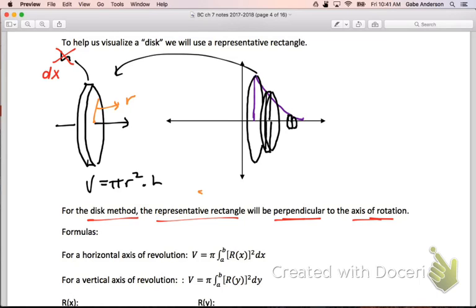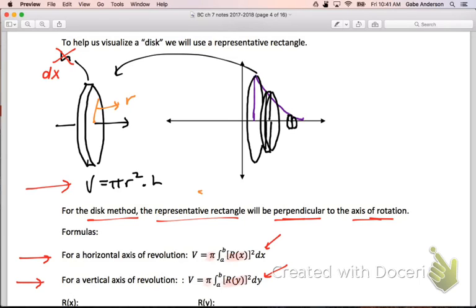Okay, so based on the formula we looked at up here for the volume of a disk, let's look at the formula using the disk method. If you're going to be using a horizontal axis of revolution, everything's going to be in terms of x. If you're going to be using a vertical, everything is going to be in terms of y. Let's take a careful look at what's going on here. Hopefully you can see this. Essentially, it's just pi r squared and pi r squared.